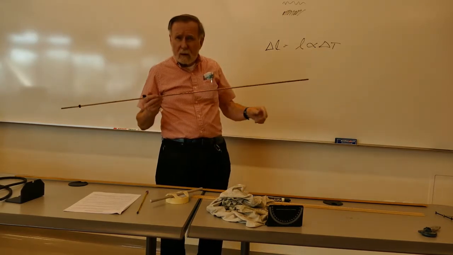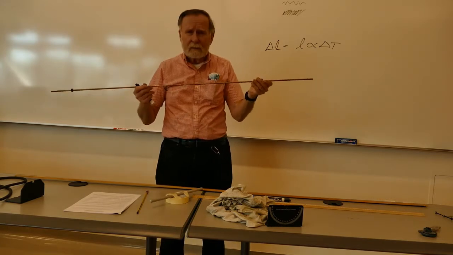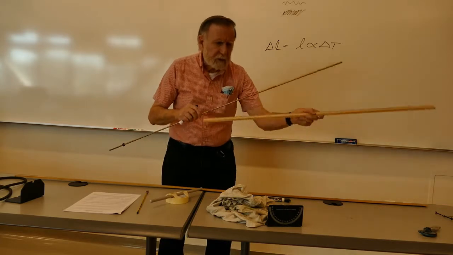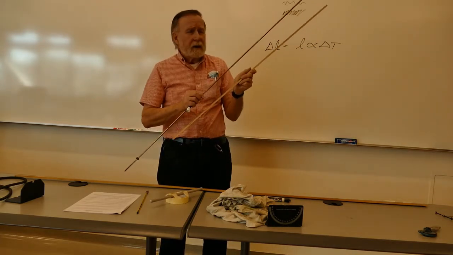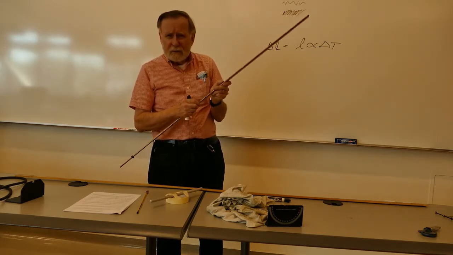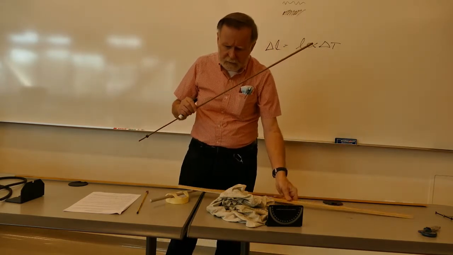Alpha is a very small number, and it'll probably be less than 1 millimeter. So if I were just to measure the length with the meter stick at the beginning and after it's warmed up, it would be very difficult to see a change in length of less than 1 millimeter.